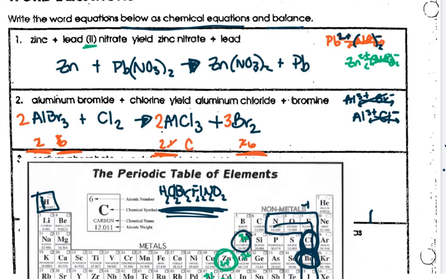On this side, I have 2, right? But on this side, I have 2 times 3. Remember, the 2 distributes to everything. So 2 times 3 means I have 6. So I have 6 over here, and I have 2 over here, so I'm going to need to multiply my chlorine by 3. And there I have my balanced chemical equation for number 2.